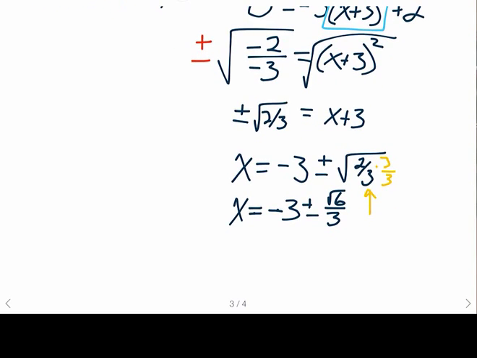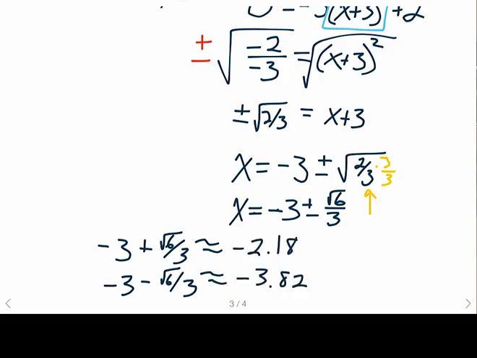Now, as approximations, what we're really looking at is negative 3 plus the square root of 6 over 3, negative 3 minus the square root of 6 over 3, and the calculator is going to give me approximate values, so I know where to put dots on the x-axis. I now have calculator values of approximately negative 2.18 and negative 3.82 respectively.